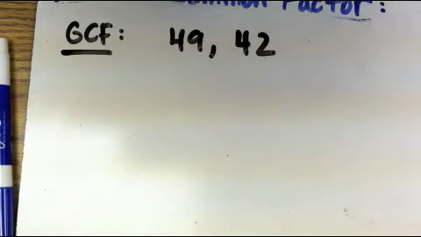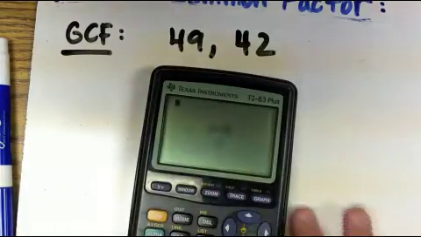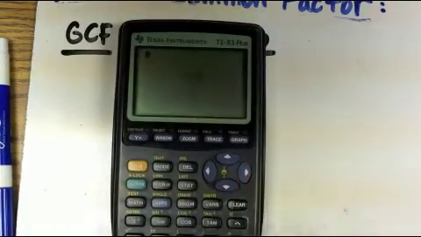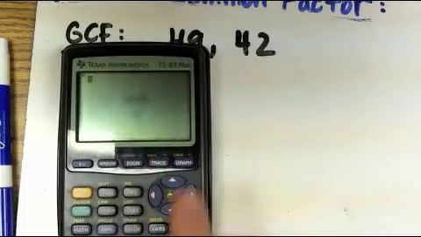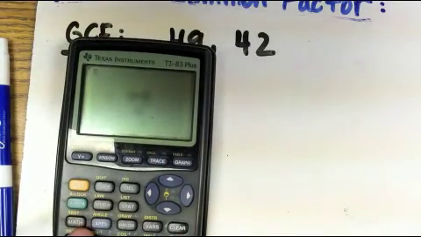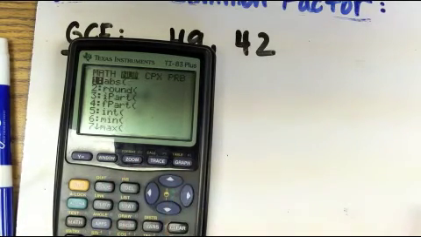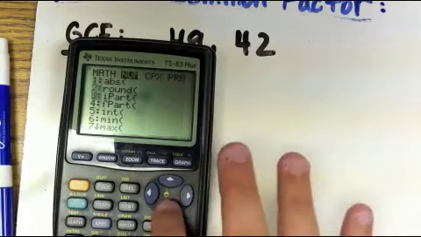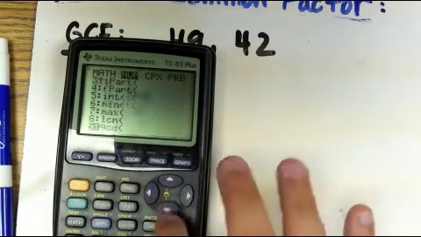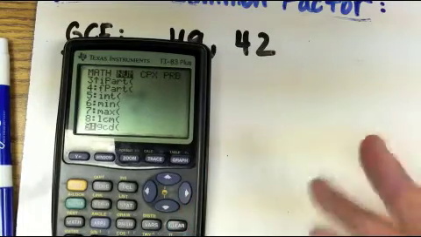So, here's what you're going to do. Turn it on, of course. What you're going to want to do here is hit the button that says Math. It's right underneath the green button. You want to scroll over to Num, and scroll all the way down until you see what says GCD. It says GCD, greatest common divisor.